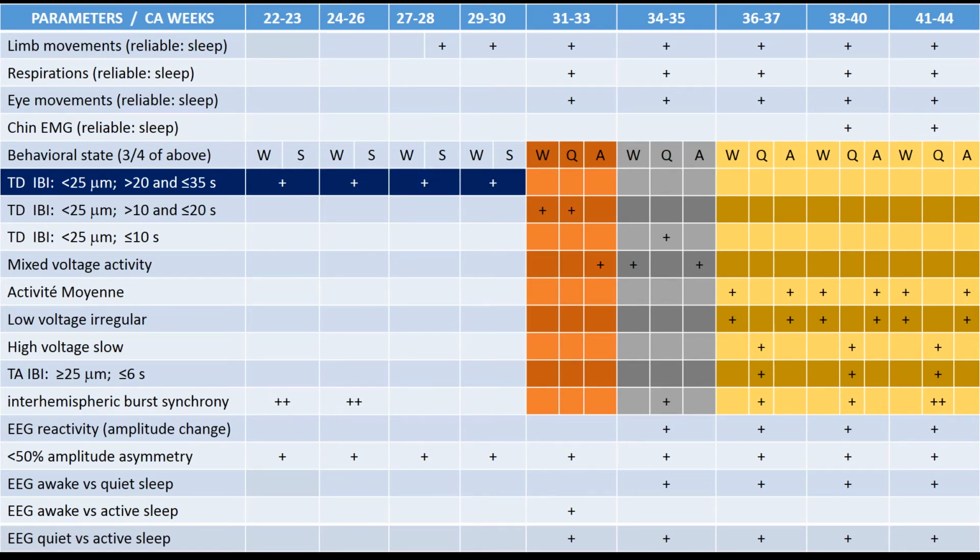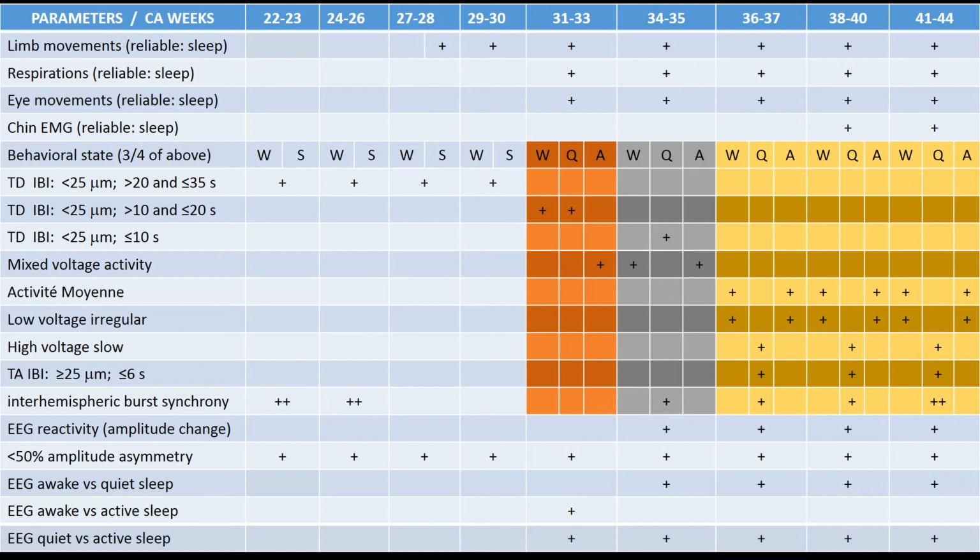It is present during awake and sleep between 22 weeks and 30 weeks conceptional age. Any activity with interburst intervals longer than 35 seconds present during this time is not tracé discontinu. It is an abnormal discontinuous pattern.